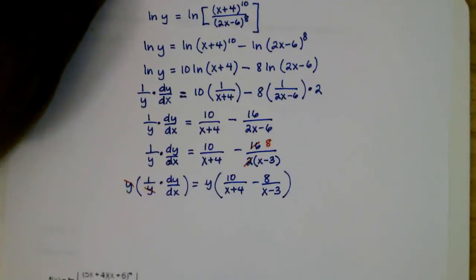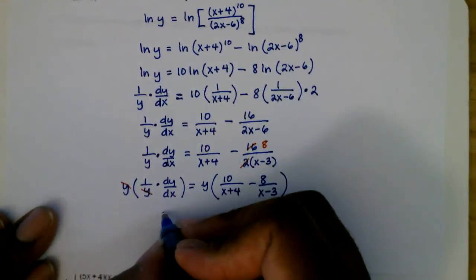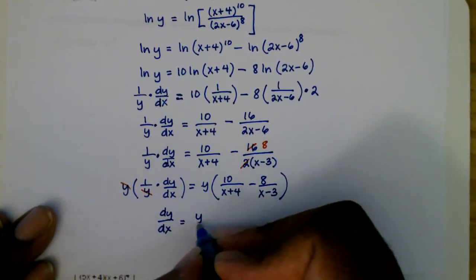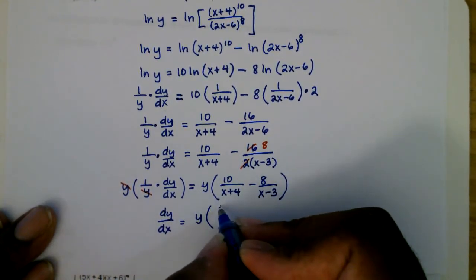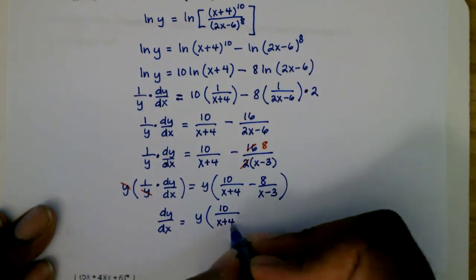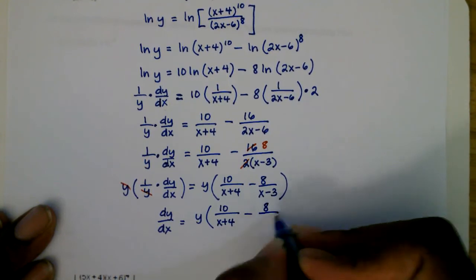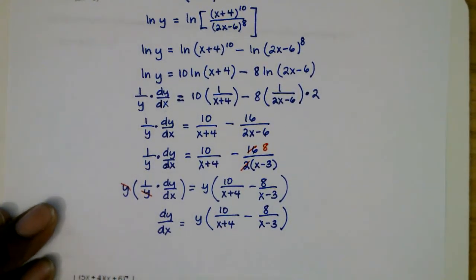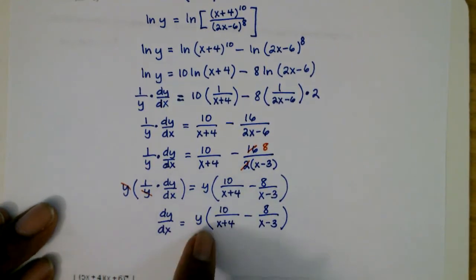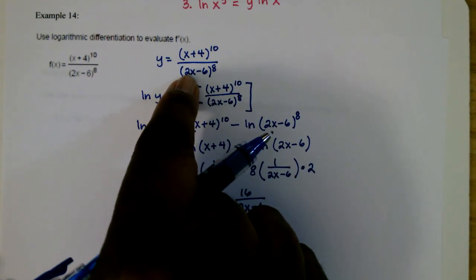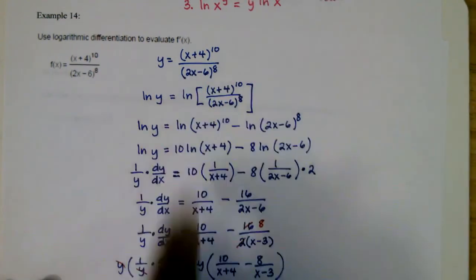Okay, so let me bring this paper up. So here, dy dx would be equal to y times 10 over x plus 4 minus 8 over x minus 3. Now I'm going to replace that y with x plus 4 raised to the 10 divided by 2x minus 6 raised to the 8.